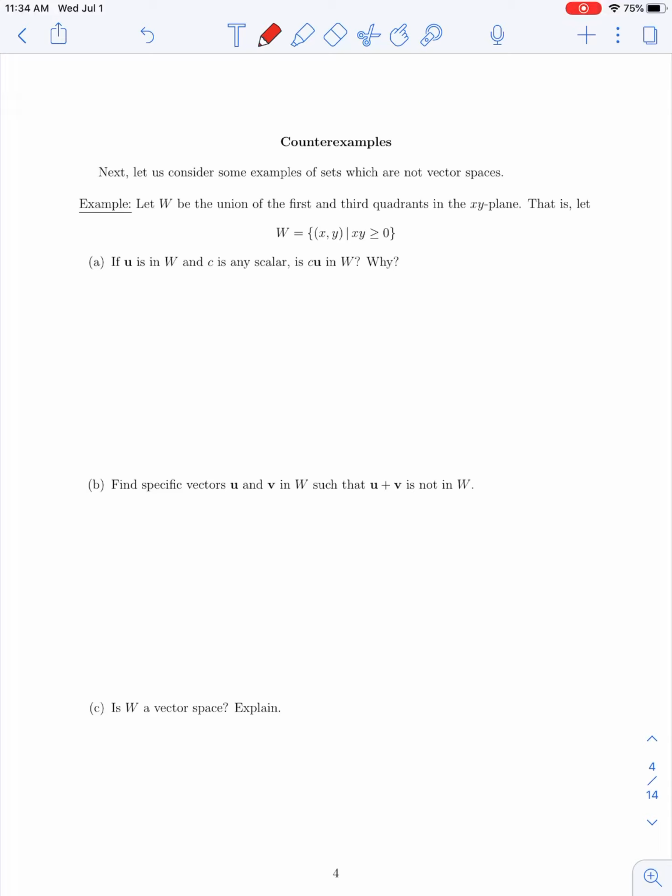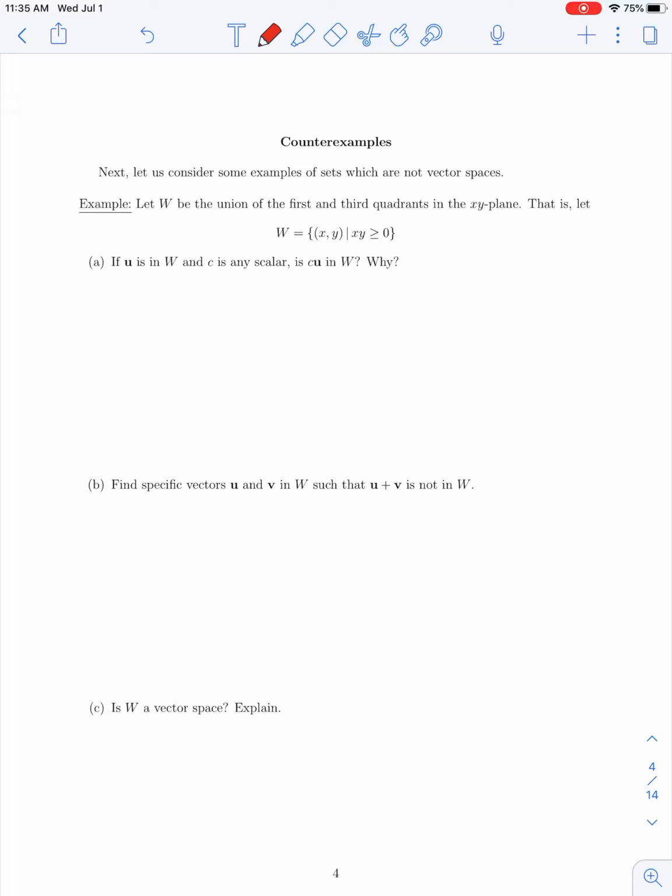What would be examples of sets that we could consider with operations, say vector addition or scalar multiplication, which would not satisfy all 10 of these axioms? The first of which is if we're taking some restricted space of a known vector space.